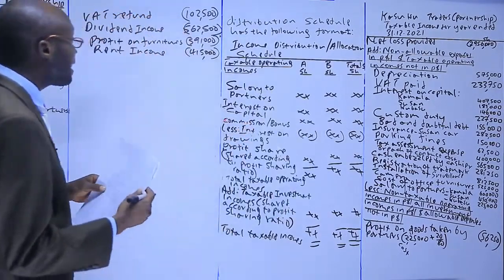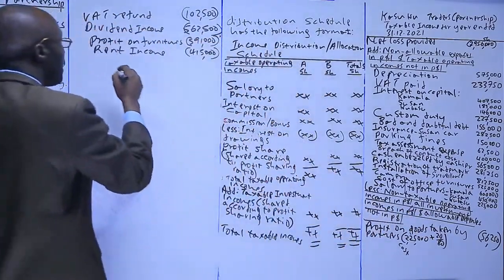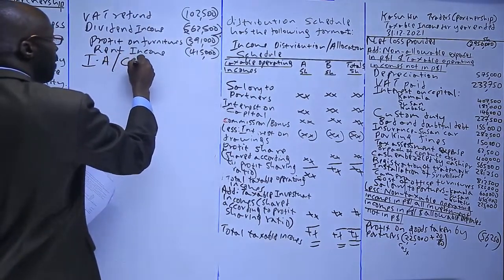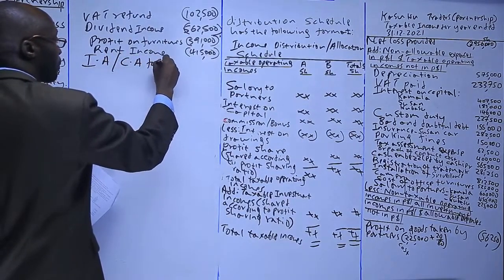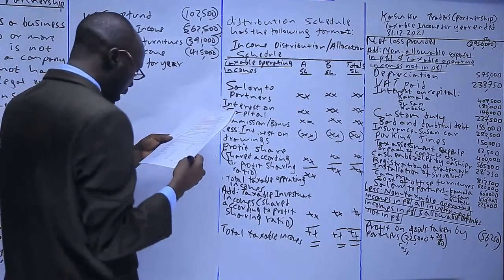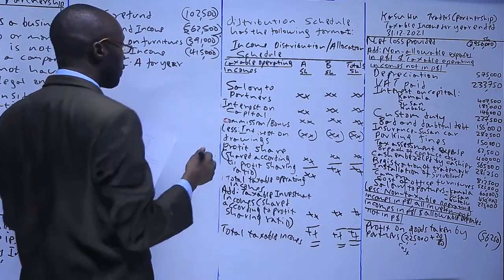So we deduct. It is allowable expenses, not in P&L. Investment allowance, written as that in short, or CA for capital allowance for the year, which is how much? Here we are told it was agreed to be 1,475,000.